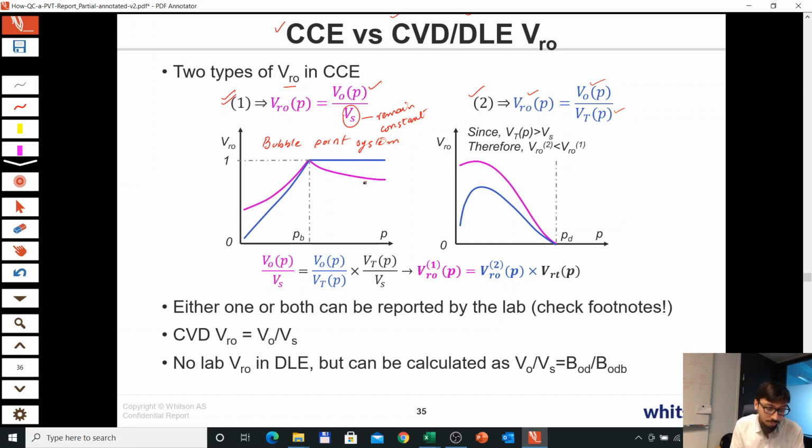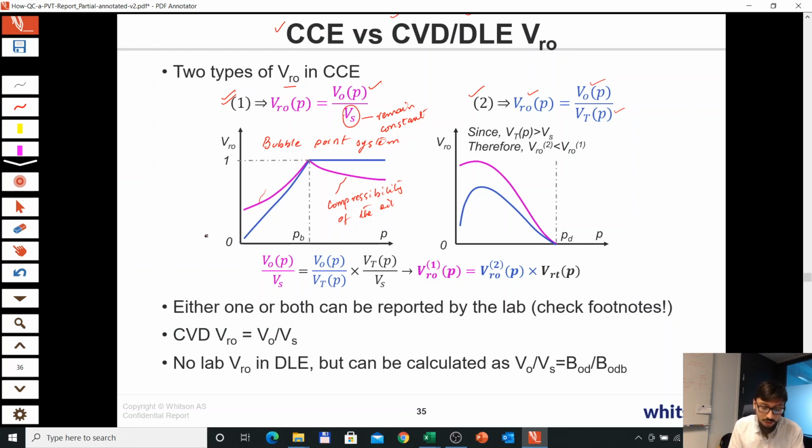And the first relative oil volume is not equal to 1, so it is changing, and this is giving you the compressibility of the oil. That's how this first relative oil volume changes with pressure below the bubble point.